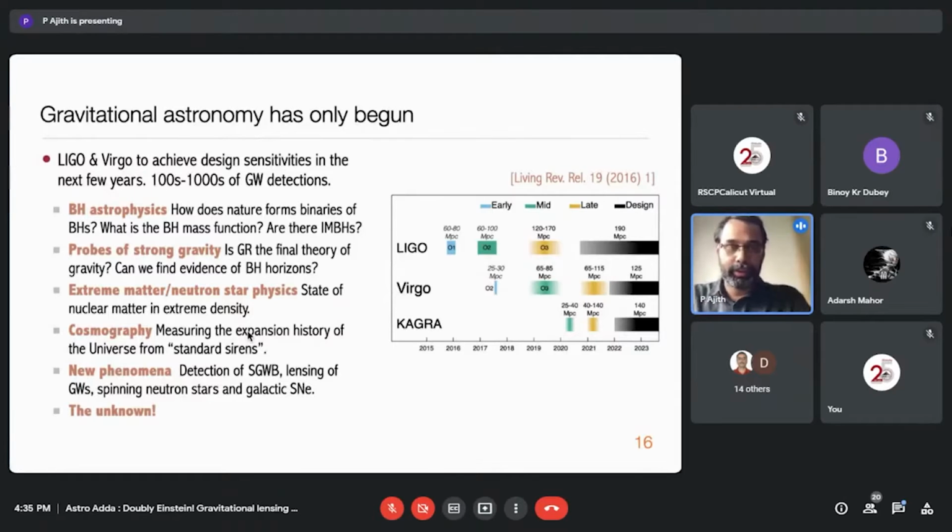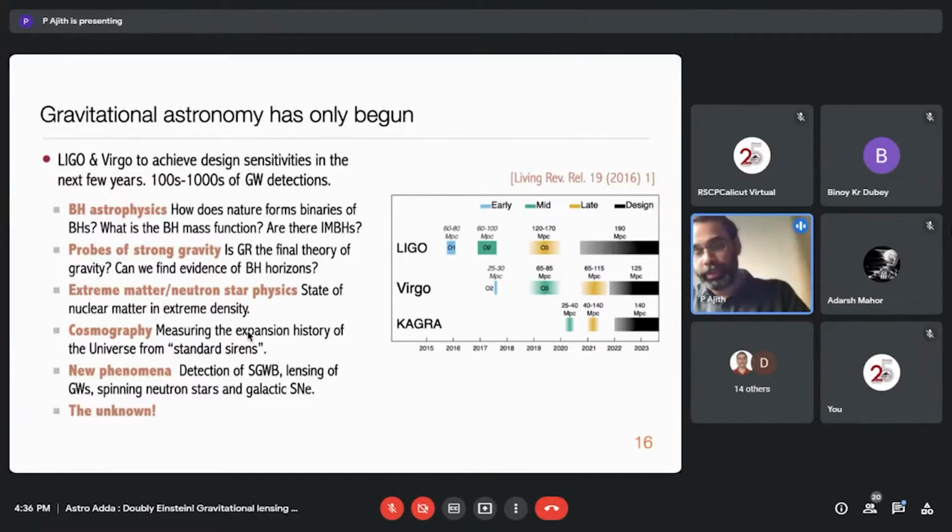I'm not going to read out this full list, but there are different aspects of black hole astrophysics, nature of strong gravity, extreme matter like nuclear physics in extreme conditions, cosmography, which is basically the field of measuring the cosmic expansion rate accurately, etc. That they are going to benefit hugely from this new window to the universe.